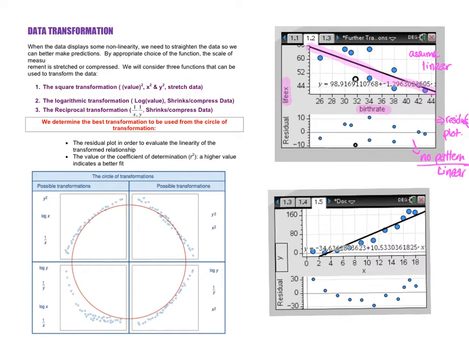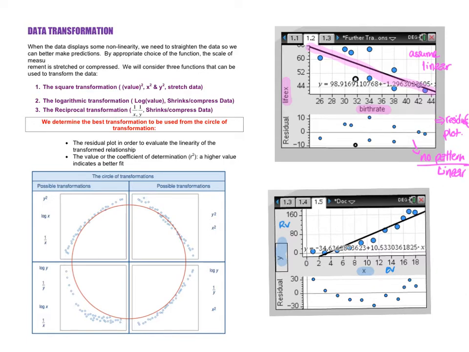Okay, so now with data transformations, what we're going to look at is when the residual plot does have a pattern. If you look down here, we've got another one. We've just done X and Y along here, so this would be our explanatory variable and response variable. We've created this scatter plot and done the least squares regression line, and when we did that, we assumed that it was linear.